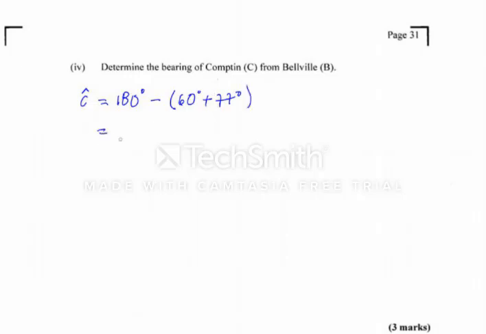So the angle here would be 180 minus 133. So the angle at C, which is equal to angle beta, is equal to 47 degrees.